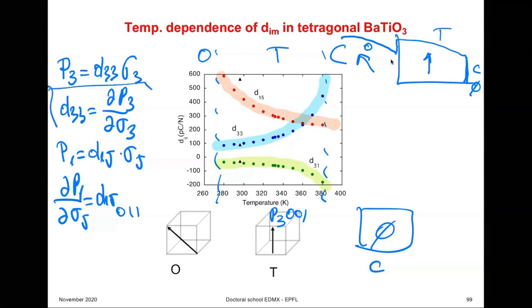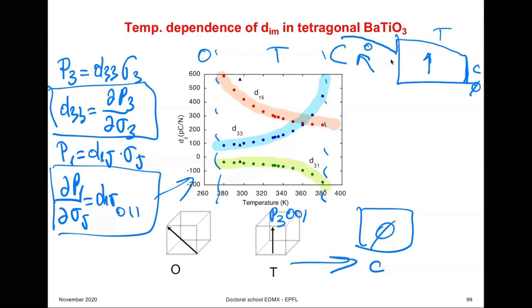So why should this lead to this temperature dependence? Well, the reason is the following. Let's look first at the tetragonal structure, going up with the temperature and observing D33. What is going to happen to polarization along the 3 direction as we increase the temperature?